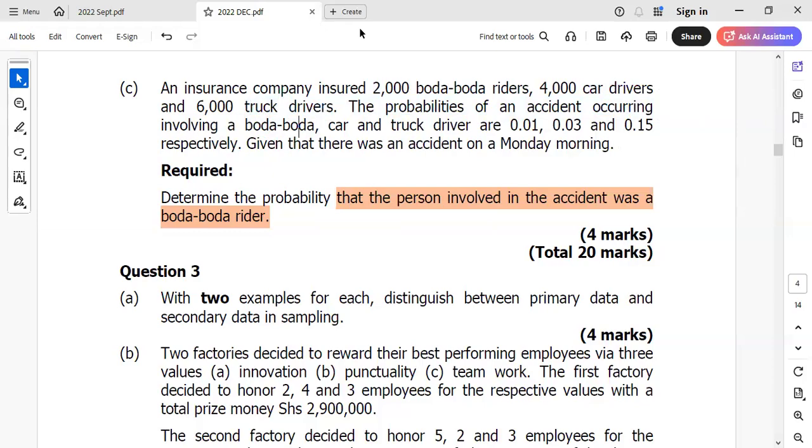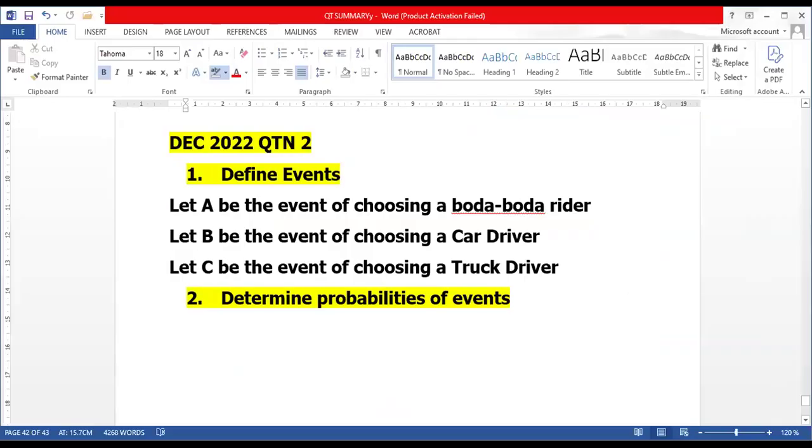So it means that I can get the total number of insured persons, insured drivers. Okay, so we can get the 2,000.